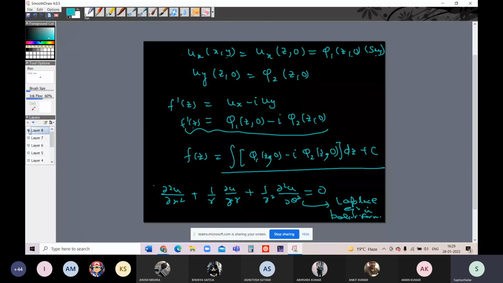One more topic related to it is level curves. Suppose that we have an analytic function f(z), whose real and imaginary parts are u and v. It is an analytic function.